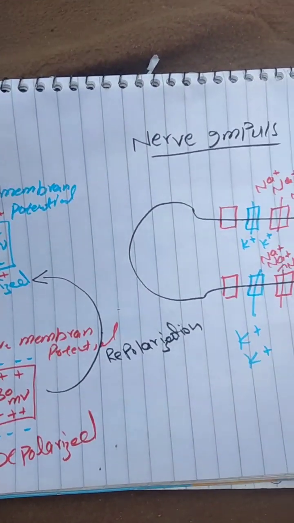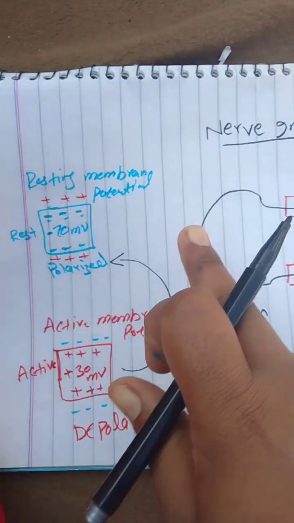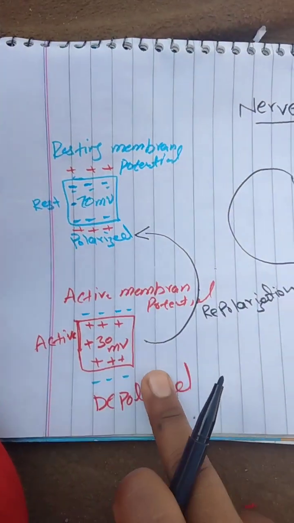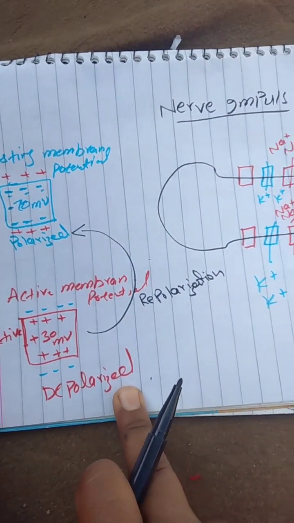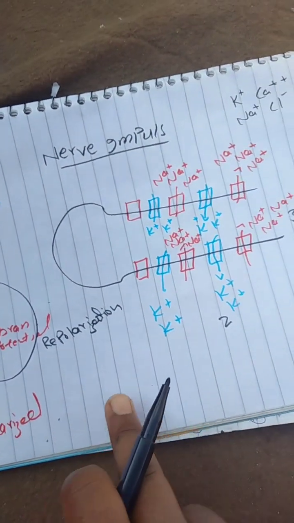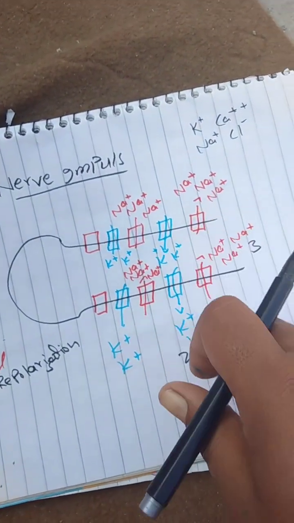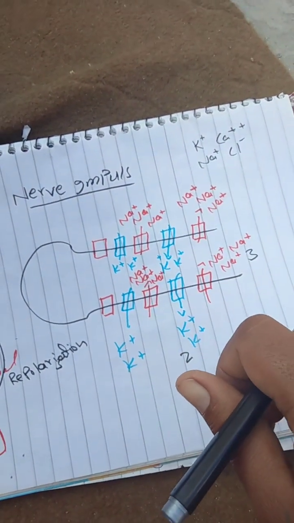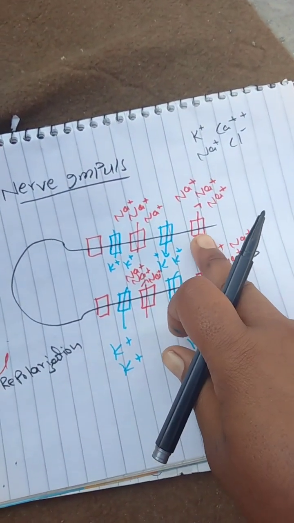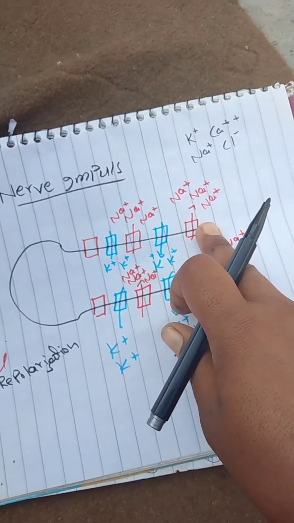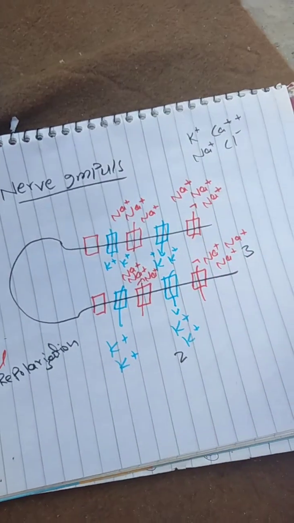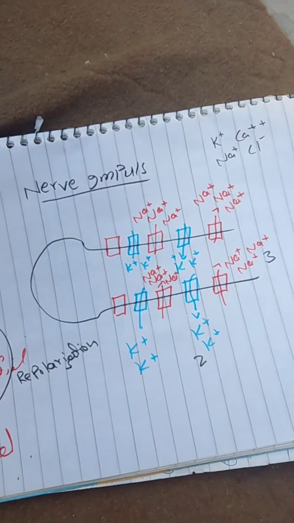So students, I have explained the nerve impulse, resting membrane potential and active membrane potential, polarized state, depolarized state of the nerve impulse, and the sodium potassium pump gates. They use energy, ATP, to open the sodium and potassium gates, using ATP to pump sodium and potassium into and out of the nerve cells.